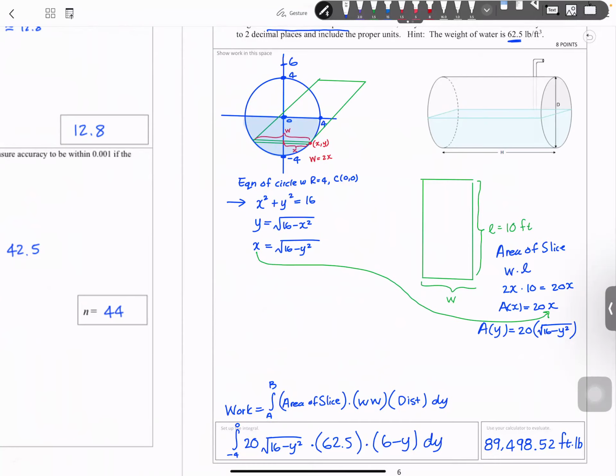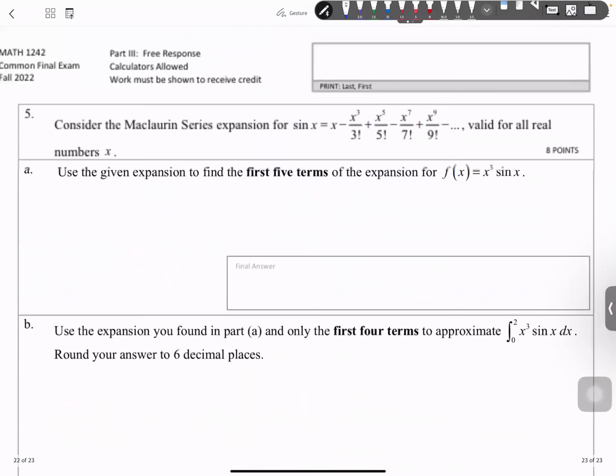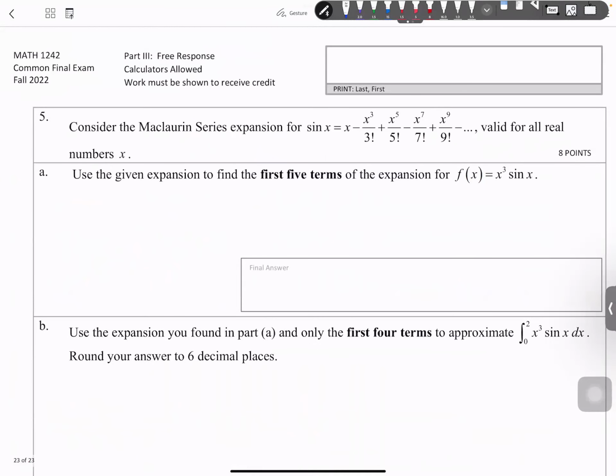All right, last problem. Says consider the Maclaurin series expansion for sine of x. So you're being given the expansion. There it is. This is valid for all real values of x. Use the given expansion to find the first 5 terms of the expansion for f of x equals x cubed times sine of x.